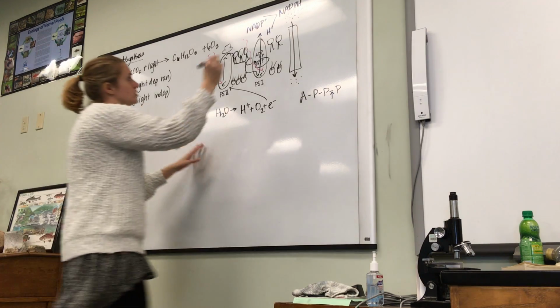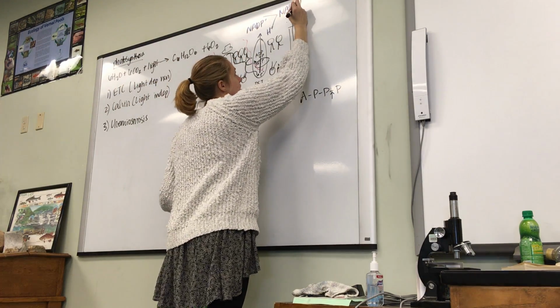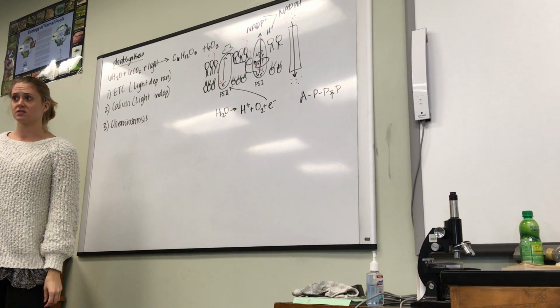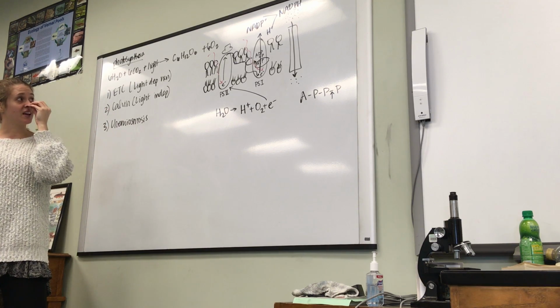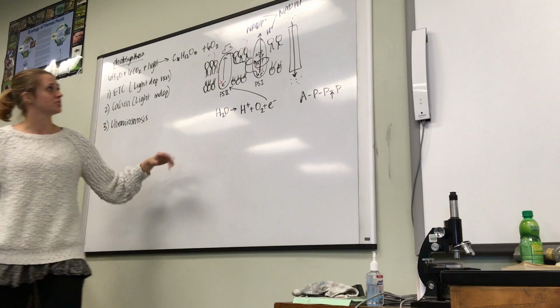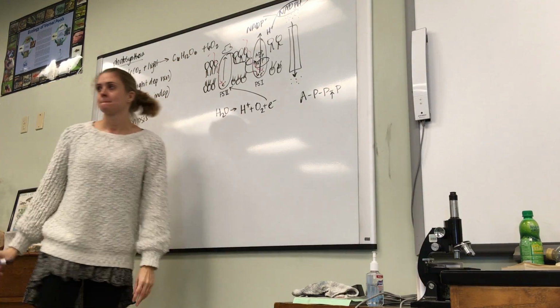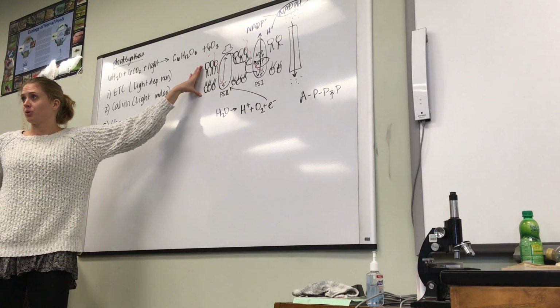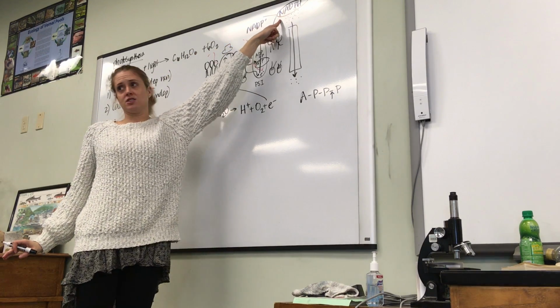If ever you get confused, just think NADH is in cellular respiration, and if you add in that P, you're making it specific for photosynthesis. So NADPH is created at the end of the electron transport chain. Is this happening in the cytoplasm? This is happening in the thylakoid membrane, so this is happening in the stroma.